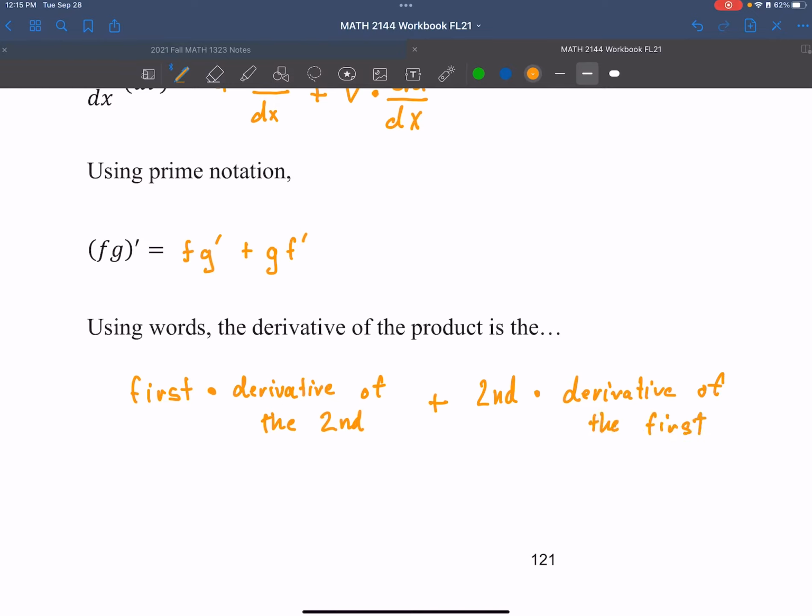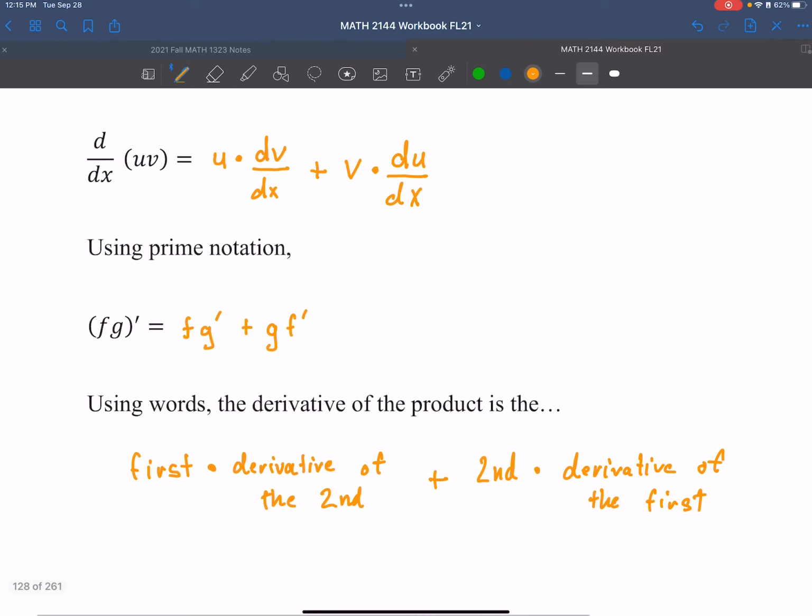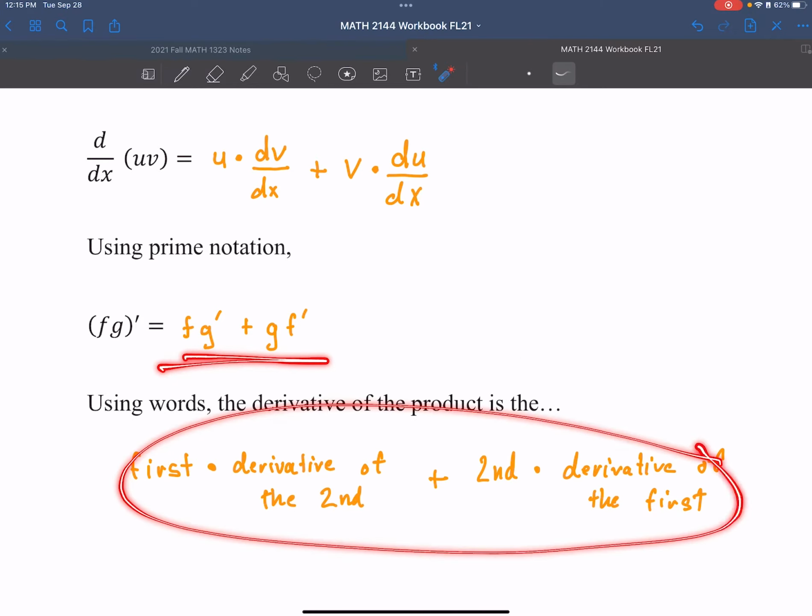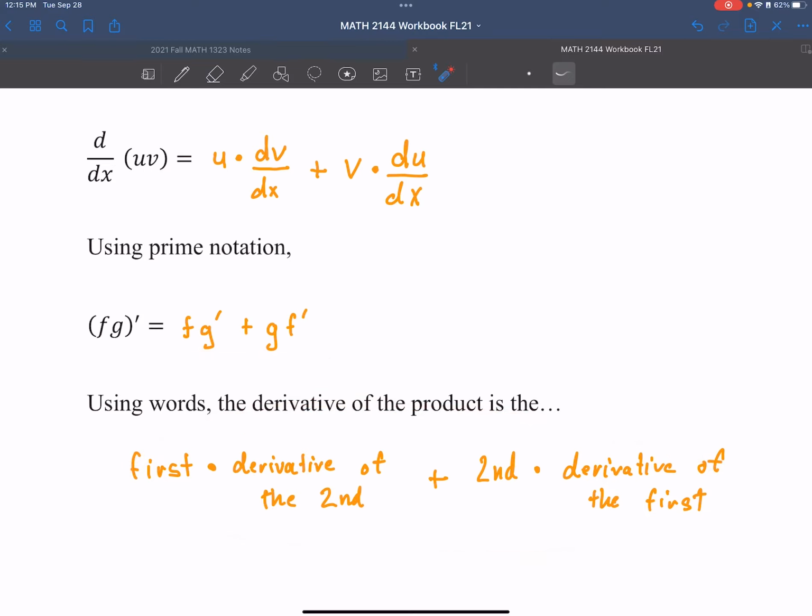So I feel like I'm being very pedantic there, but however you use it, whether you're using the differential notation, the prime notation, or just understanding it in words, it is not as easy as just doing the derivative of the first times the derivative of the second.